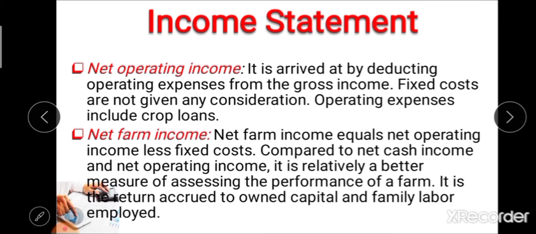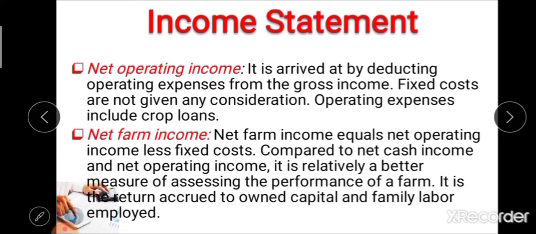That means net farm income can be used for calculating own capital as well as family labor income.